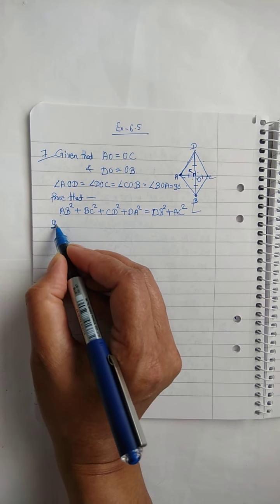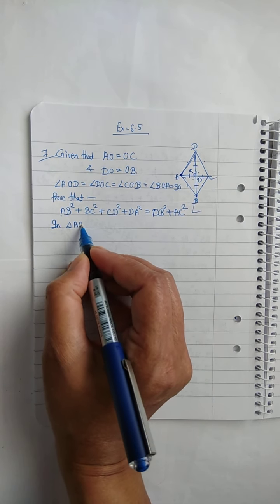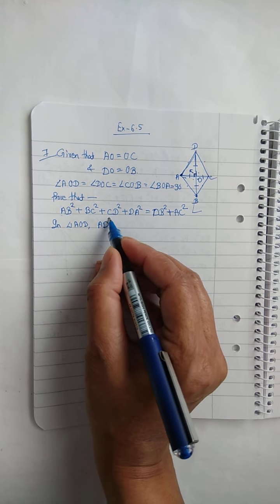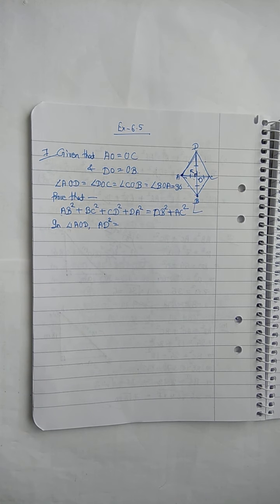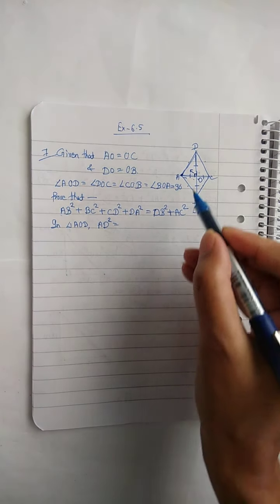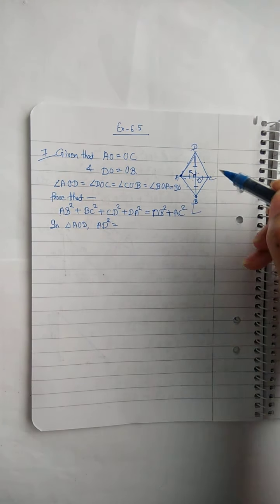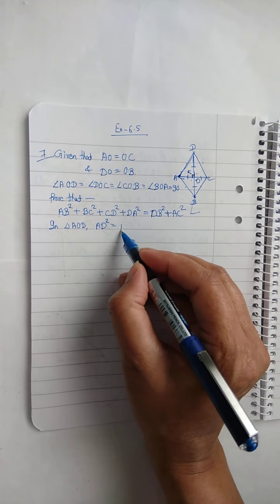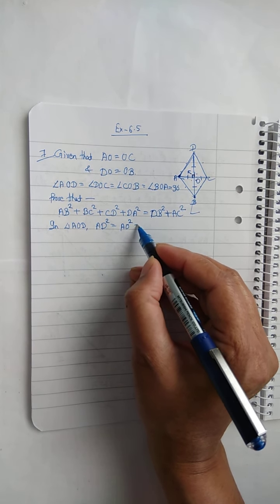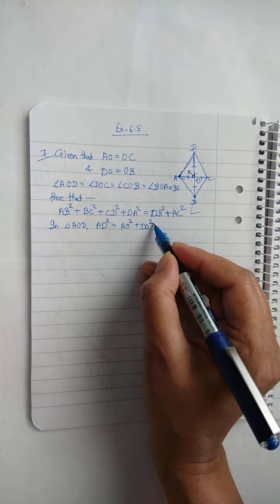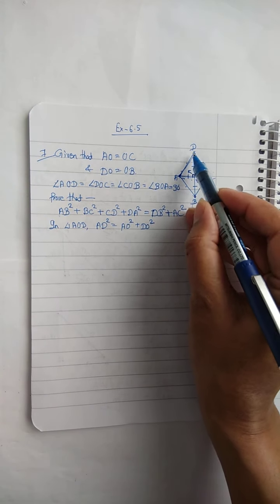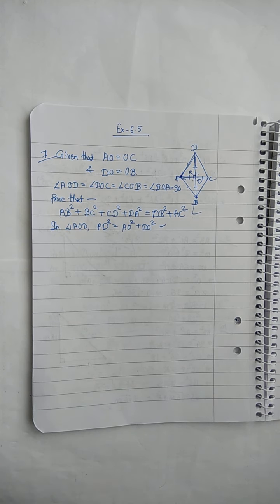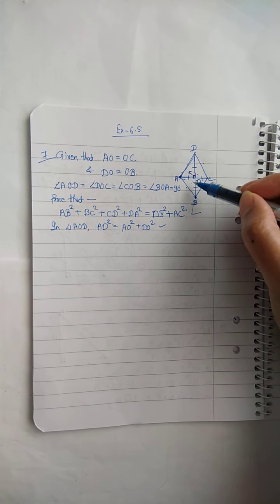So I will take in triangle AOD, hypotenuse square equals to sum of squares of other two sides. So hypotenuse is AD, and the other two sides are DO and AO, right? So AD square equals AO square plus DO square, correct? So in this right angle triangle we use Pythagoras theorem. Same way we will use it in the other three triangles also.